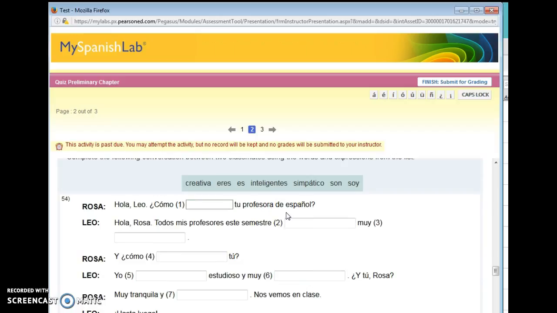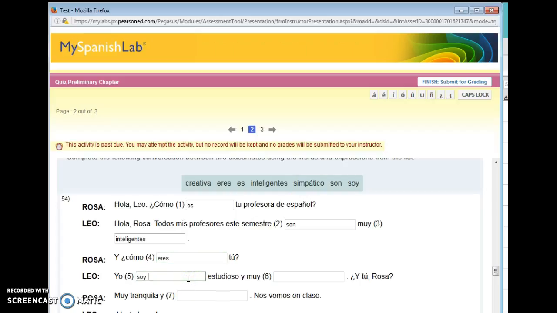Hola Leo, ¿cómo es tu profesora de español? What is your Spanish professor like? Hi Rosa, all my professors this semester son muy inteligentes. And that's plural professors, so the only one here that's plural is inteligente, so it has to be that one. ¿Y cómo eres tú?